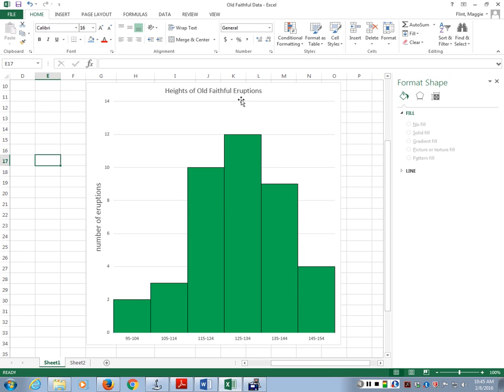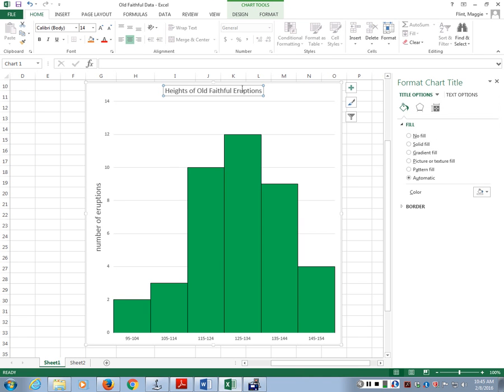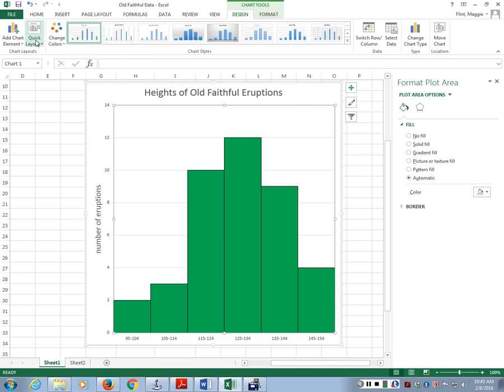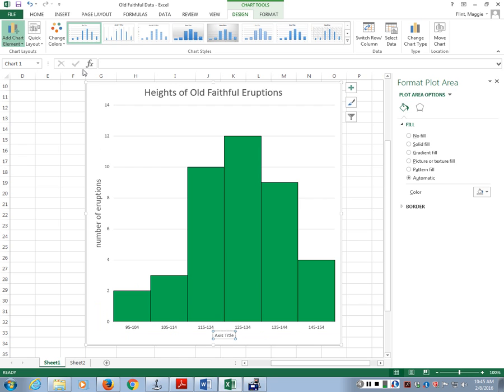I can tell it I want it to make the title a bigger font so that I can read it better. I would also like to do the horizontal axis, and that is height of eruption in feet.